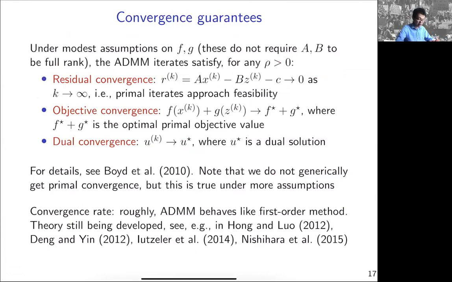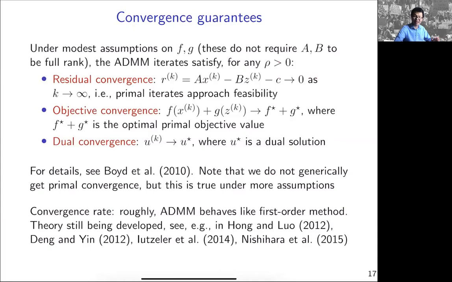So ultimately you end up getting the optimal solution, and the convergence rate is more complicated than the standard first order methods, but in practice it behaves more or less like first order methods. Sometimes it's significantly faster, and then it behaves more or less like the second order methods. So you can think of ADMM as an algorithm that sits in between first order methods and second order methods. On the one hand, it is just gradient descent on the dual.